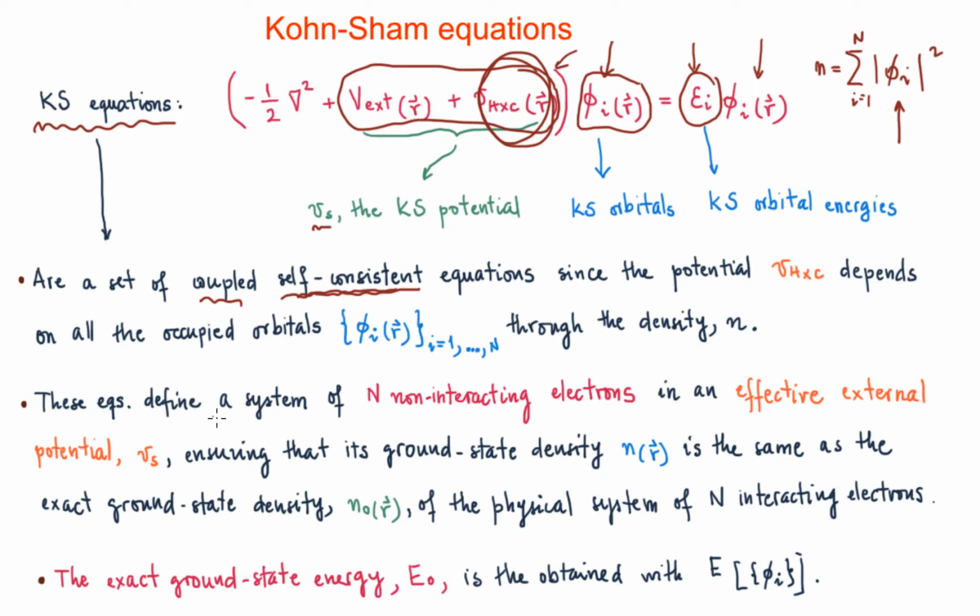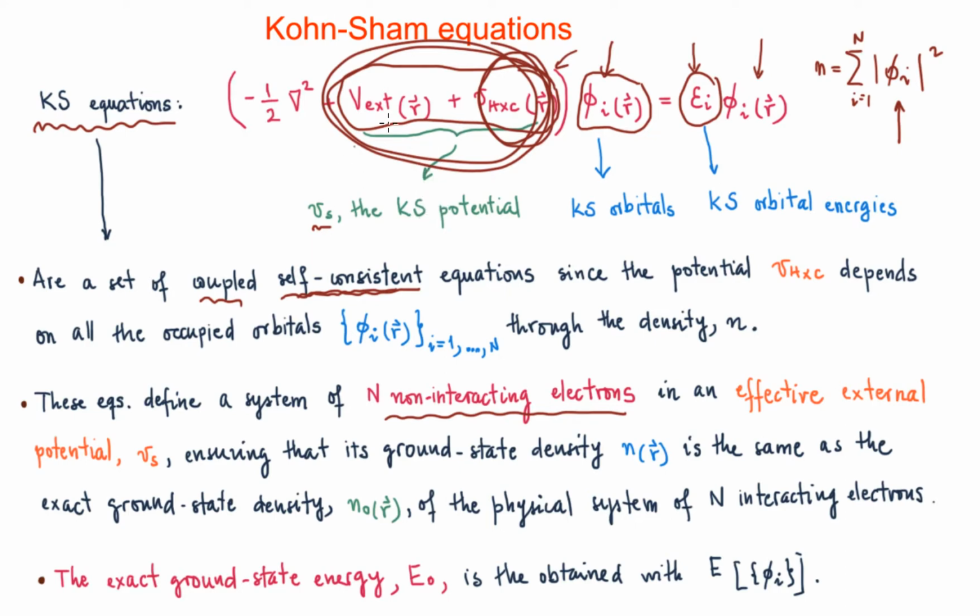These equations define a system of non-interacting electrons. Of course, with these states we can build the Slater determinant in order to get the Kohn-Sham wave function. So those are the equations that correspond to these n non-interacting electrons. And these n non-interacting electrons are moving in what we can call an effective potential, which is the sum of these two potentials here, and we are calling it the Kohn-Sham potential.